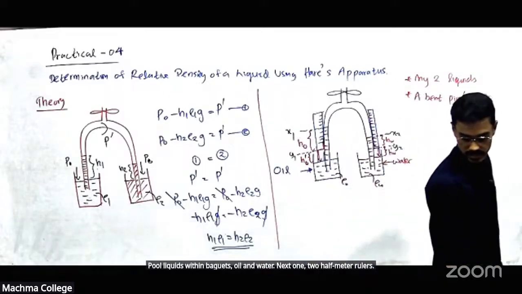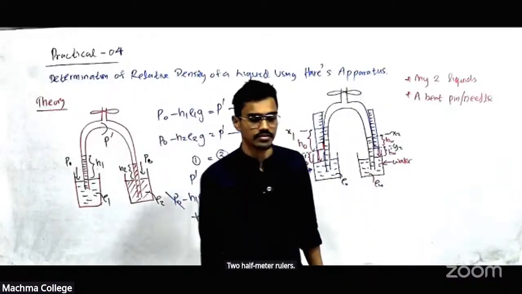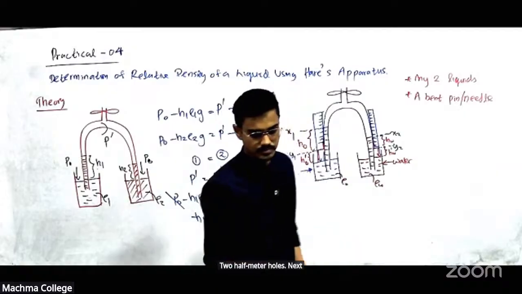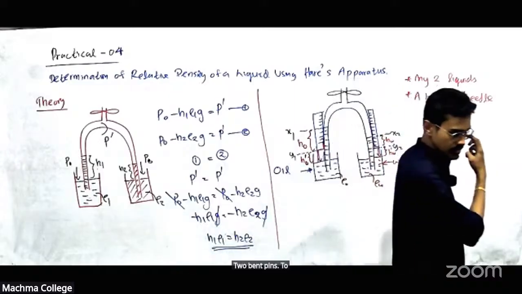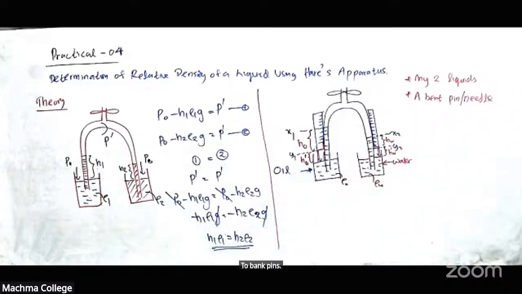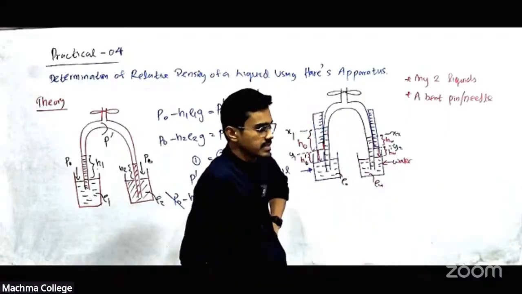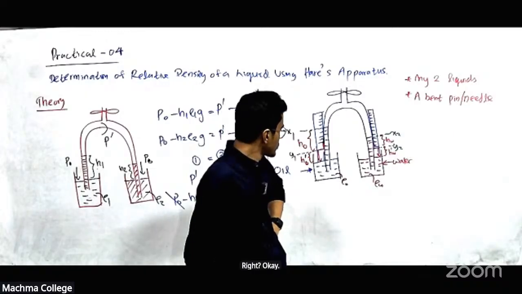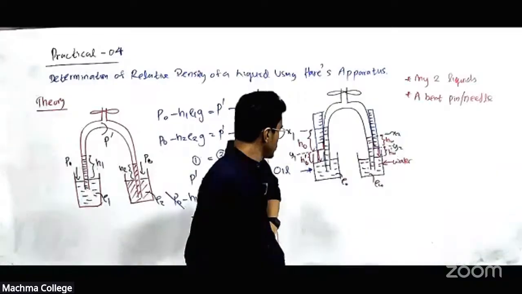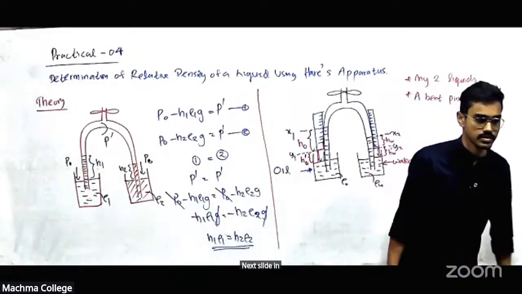Next, two bent pins. Right? Okay. Next heading, apparatus.